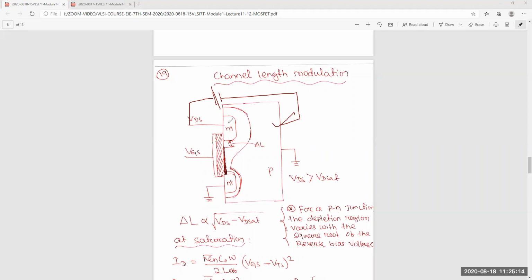So what happened? This is a PN junction or not? This is N, this is P. So reverse bias is there or not? Okay.